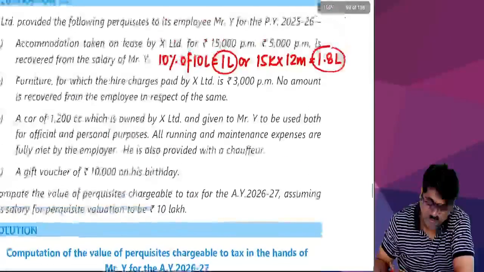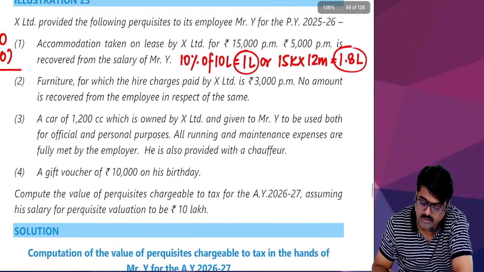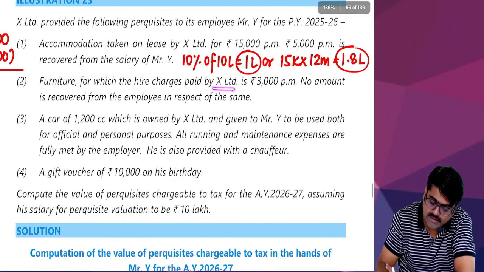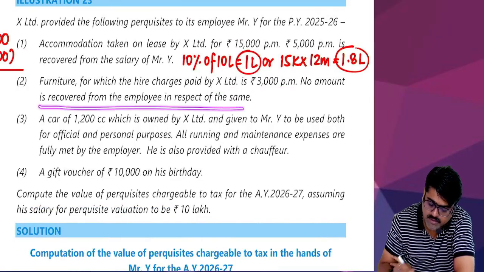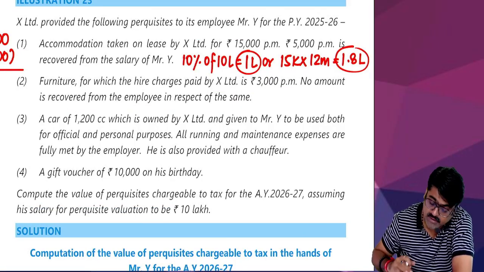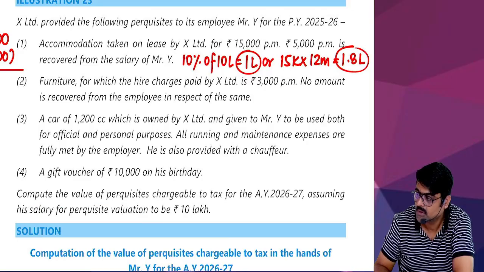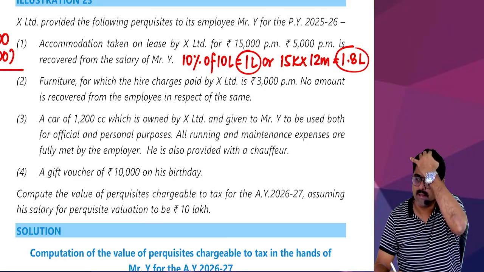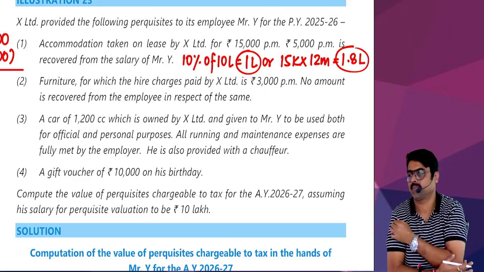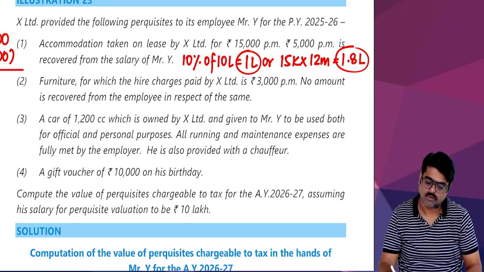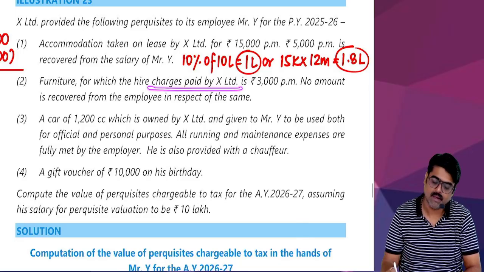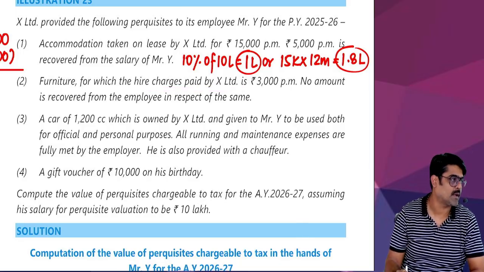Next perquisite. Furniture for which the hire charges paid by X Limited is 3,000 per month. No amount is recovered from the employee in respect of the same. So the furniture is given for use, and it is taken on rent by the employer. How did you come to know? Because the hire charges are paid by the company.